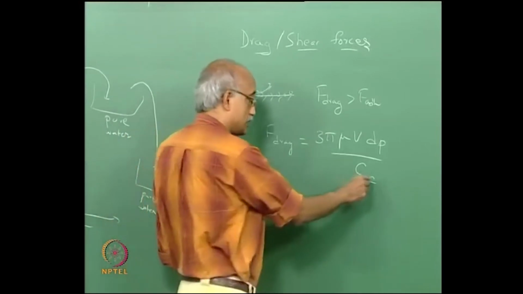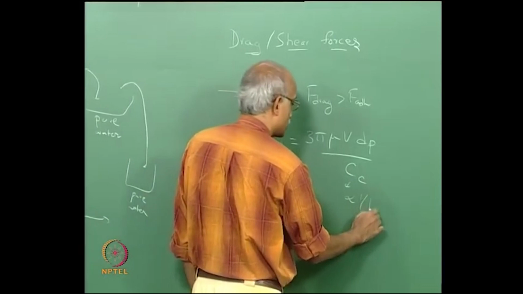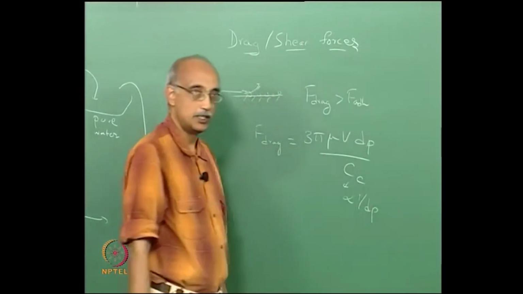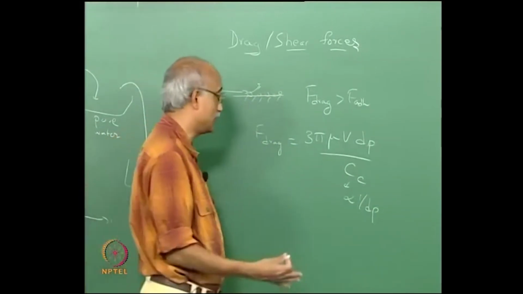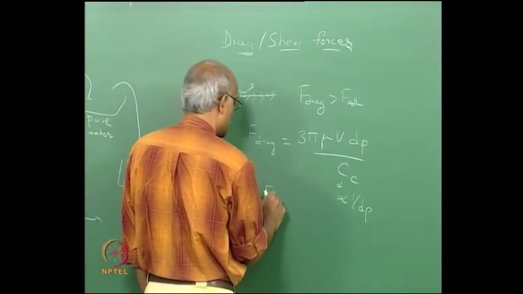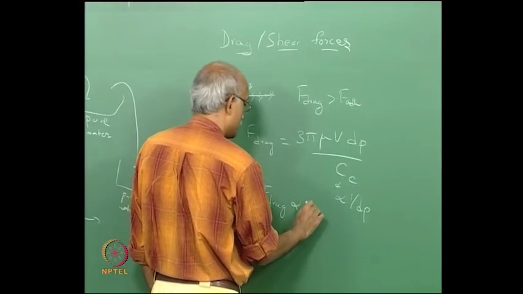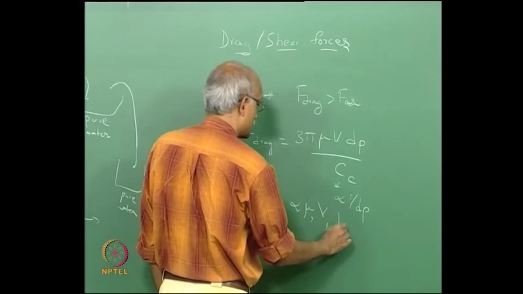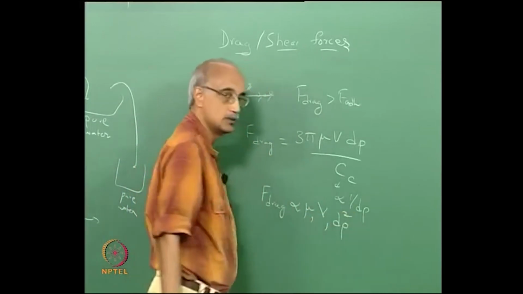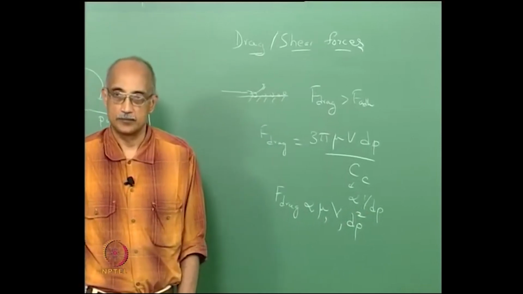And by the way, this parameter is proportional to 1 over dp. So what that effectively means is the drag force is proportional to mu, proportional to velocity, and proportional to square of the diameter.